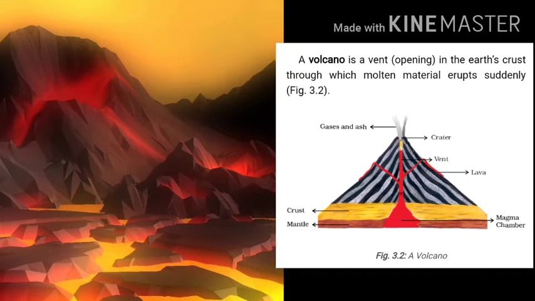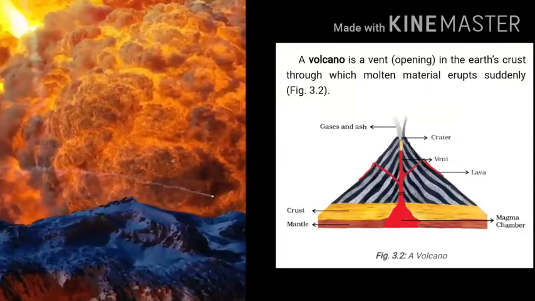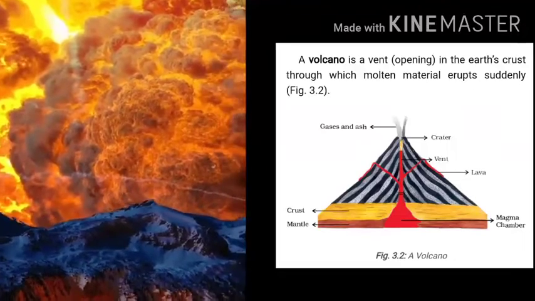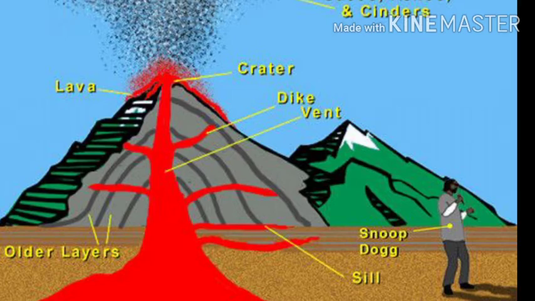A volcano is an opening in earth's crust from where molten magma, ashes, gas and steam are emitted with a sudden force. Molten magma lies under great pressure inside the earth. When this magma reaches a weak point or a crack in earth's surface, it comes out with great force.